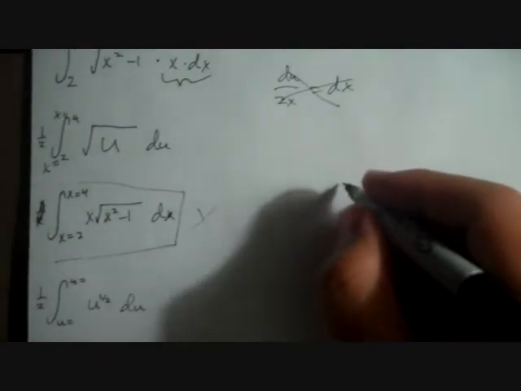So if our stated relation says u equals x squared minus 1 and x equals 4, we'll have 4 squared minus 1, which means 16 minus 1, which will be 15. So our upper limit is going to be 15. And our lower limit is going to be u equals 2 squared minus 1, which is 4 minus 1, which is 3.